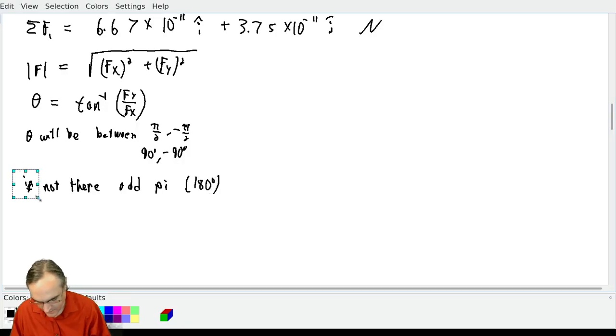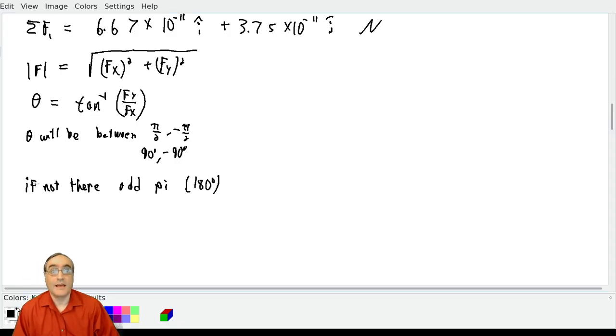So be aware of that when you're using inverse tangent. Your calculator is not very bright about it, so you're reliant on your own brain to figure out, am I in the right quadrant for the result? All right, in this case, it actually comes out in quadrant 1, so this is pretty trivial.